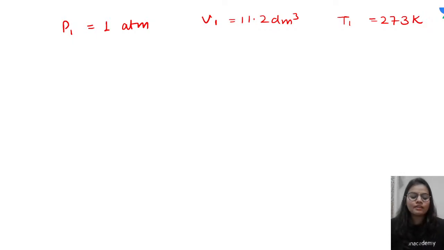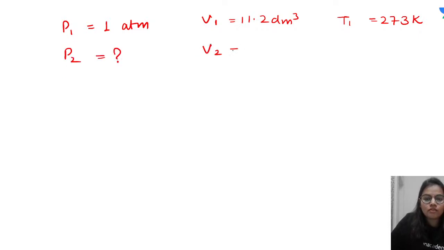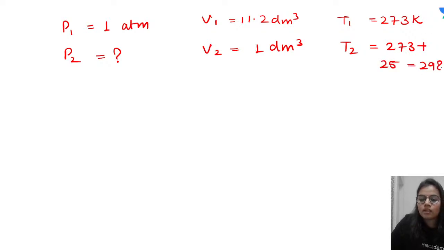Next, we have to find the pressure. Volume 2 is given as 1 dm cube and T2 is given to us as 273 plus 25, which is equal to 298. Now we have got all the values and we have to put these values into the gas equation to see what the answer is.